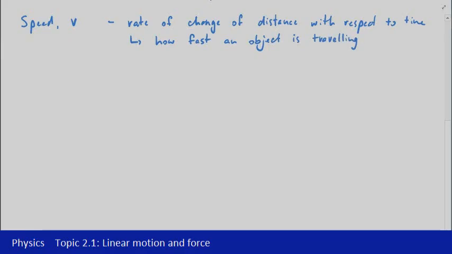We'll look at that in the next video when we relate it to graphical representations of motion. We'll come back to that later. So speed is how fast an object is travelling. It is also a scalar quantity, so because distance is a scalar quantity, speed is likewise a scalar quantity, and the units it's measured in are metres per second.